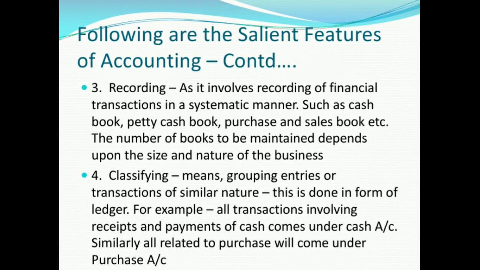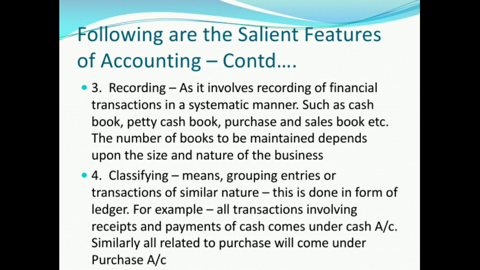Number 3 is recording. As in number 2, you found out that it only records financial transactions in a systematic manner, such as cash book, petty cash book, purchase book and sales book. Now, a petty cash book will record all the petty expenses, the minor expenses which happen in a particular office on a day-to-day basis, like payment for tea or buying of paper and small things.